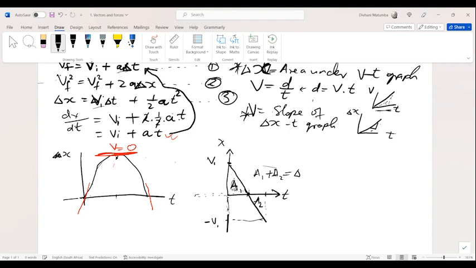This is the displacement. However, area 2 equals minus area 1. So you have A1 minus A1 equals 0. So your displacement is 0 at this point. At this point, your displacement is just the area under that piece of a graph.